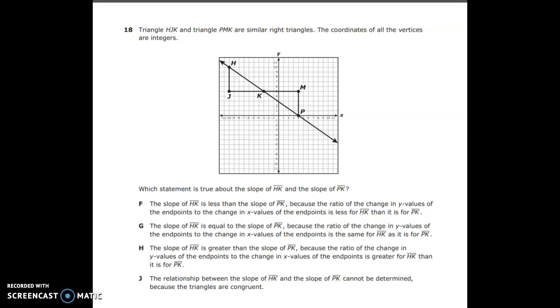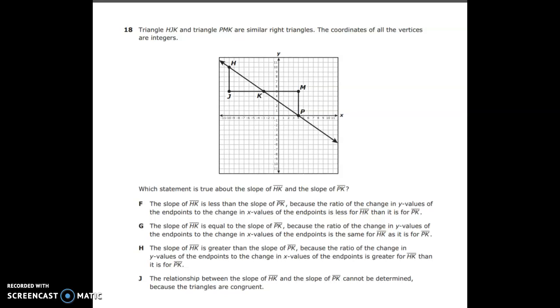The slope of HK is greater than the slope of PK because the ratio of the change in Y values of the endpoints to the change in X values of the endpoints is greater for HK than it is for PK.